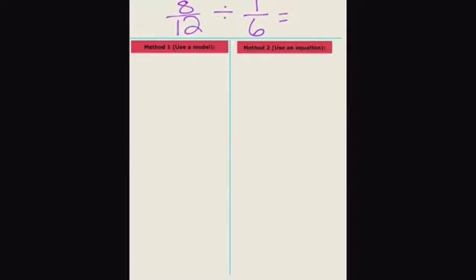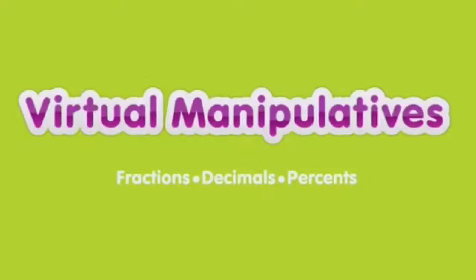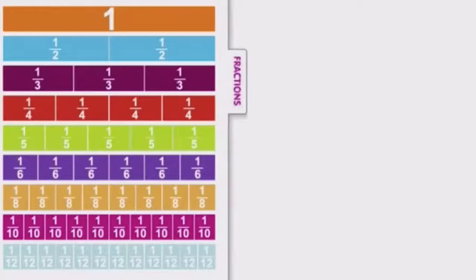Our next example is 8/12 divided by 1/6. Again, let's start this with modeling. I'm going to swipe over to the virtual manipulatives. And I'm going to start by modeling my first fraction, which in this case is 8/12.